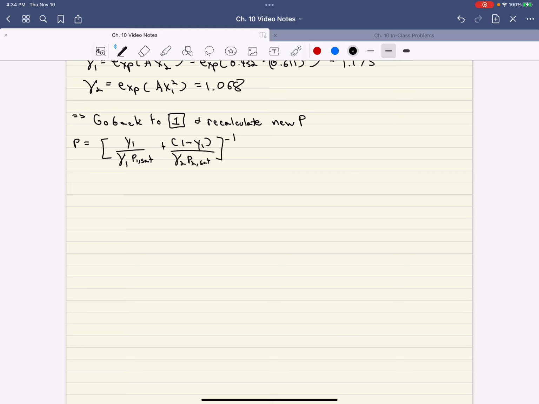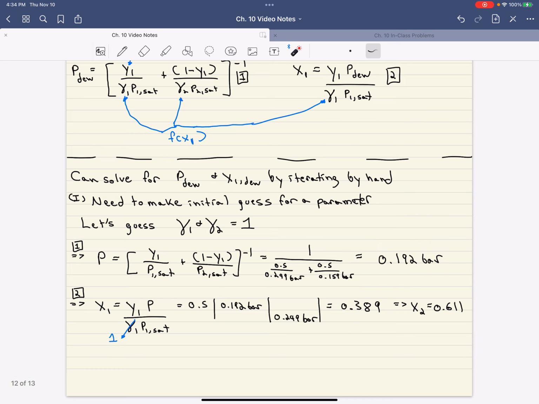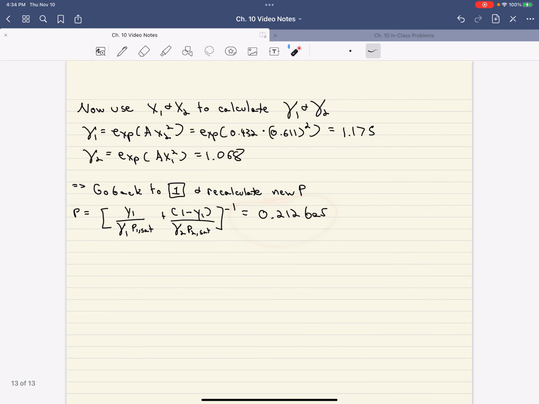Alright, and so we now have these updated values for gamma 1 and gamma 2, so we could plug them in. If we do that, we see now our pressure, before we had 0.192 bar, but now our pressure has increased to 0.212 bar. Now that we have this new pressure, we could update our estimate for x1.